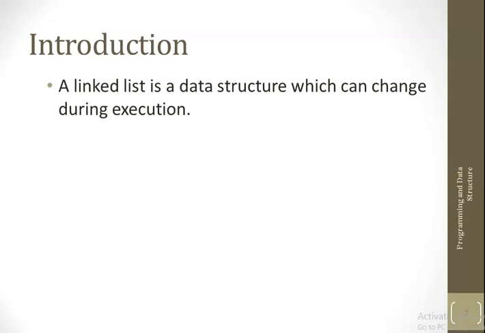That means during execution of the program, the nature of the list can be changed. It means that we can request for new memory or release used memory while the program is in execution, which is not possible in the case of arrays.